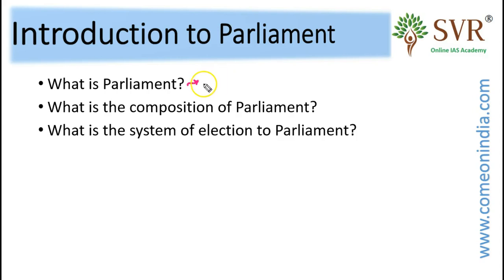Then we have seen what is meant by Lok Sabha, that is the representative of people. And then we have seen what is meant by Rajya Sabha, that is the representation of states and union territories. And that is all about what is Parliament. Then we have seen the composition of Parliament, the composition of Rajya Sabha and then the composition of Lok Sabha.